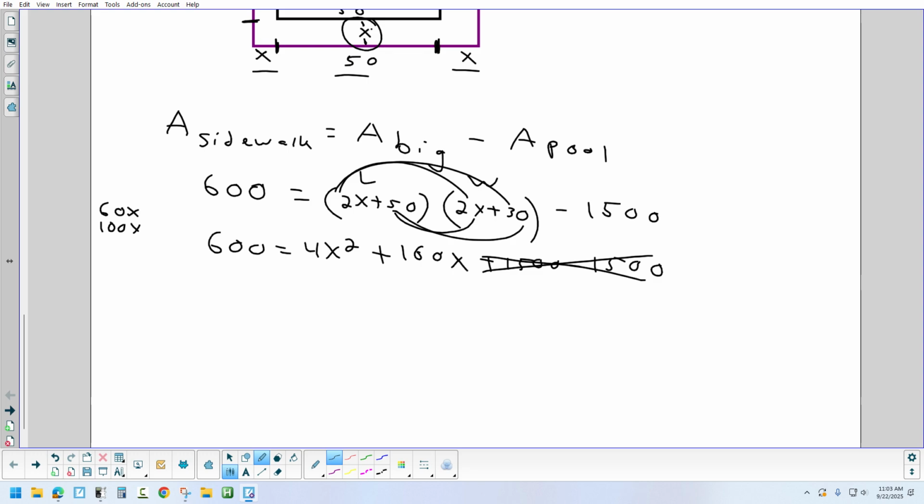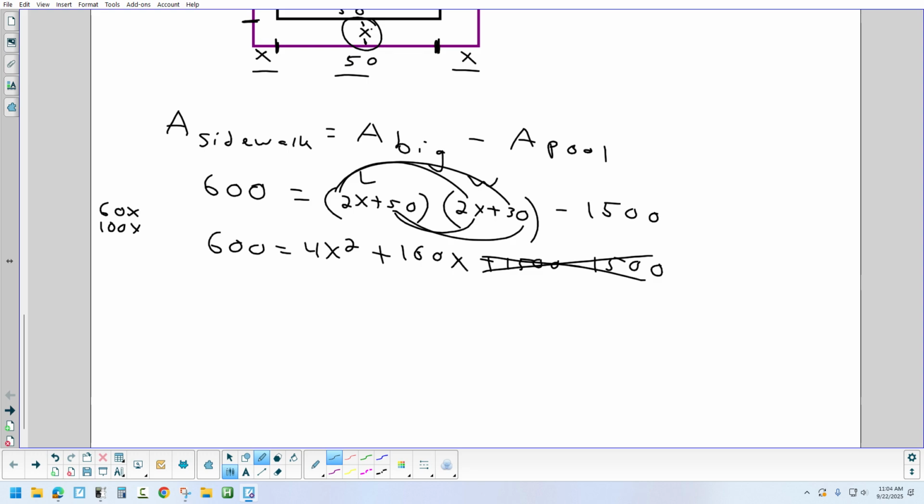When you are solving a quadratic, what do we want to get it equal to? A certain number we always want to get a quadratic equal to, especially if we're going to try to factor it. Factoring, algebra 1: you have to get it equal to 0.